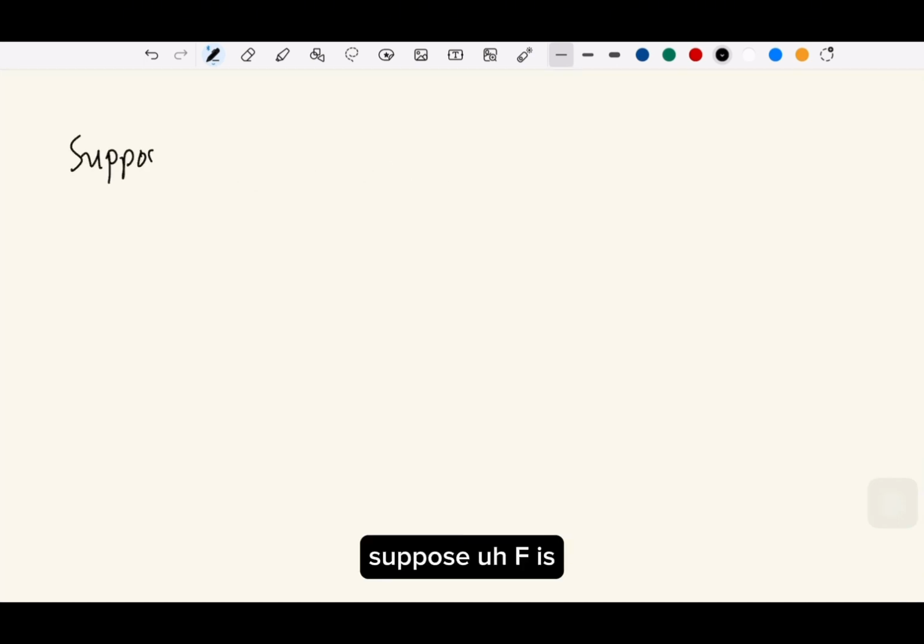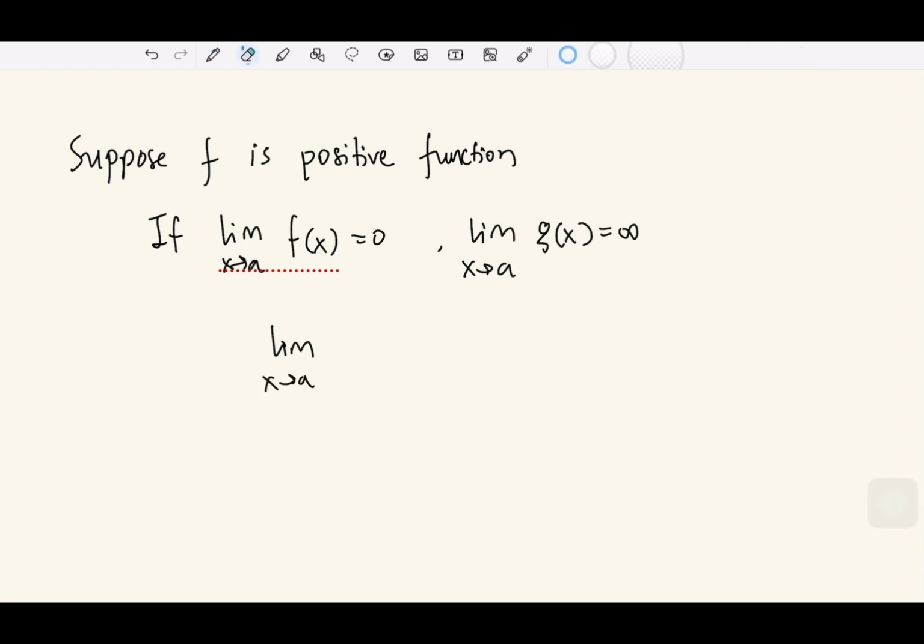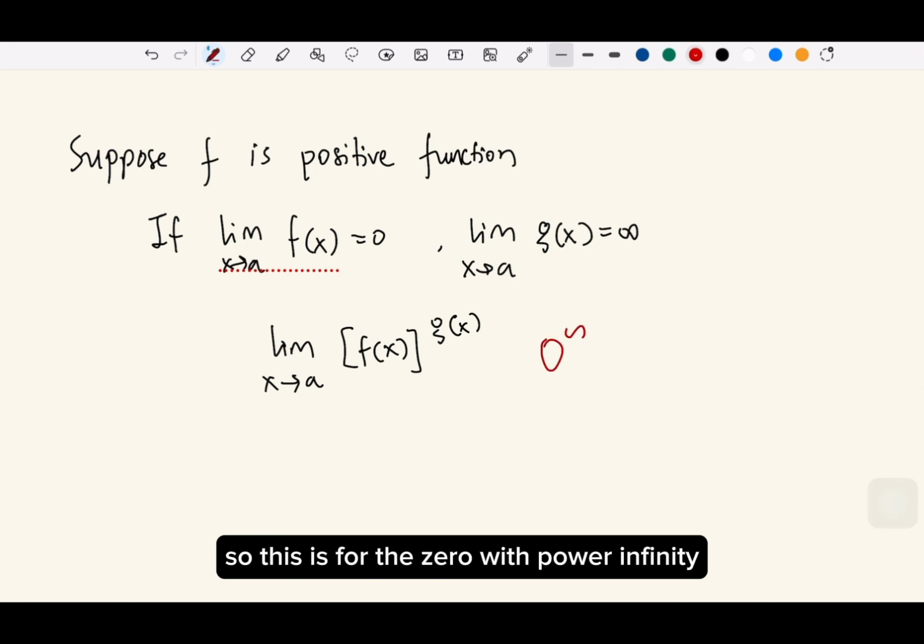Suppose f is a positive function, if the limit... so this is for the 0 with power infinity.